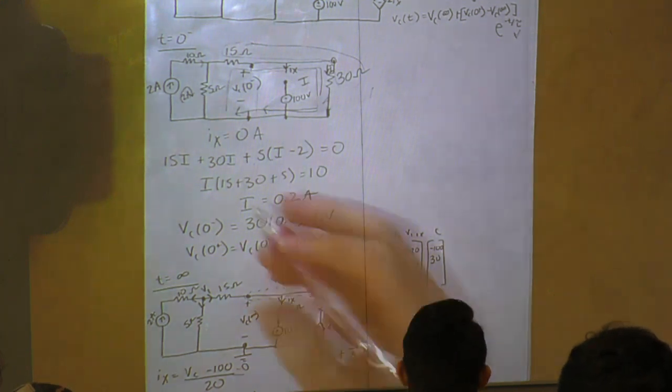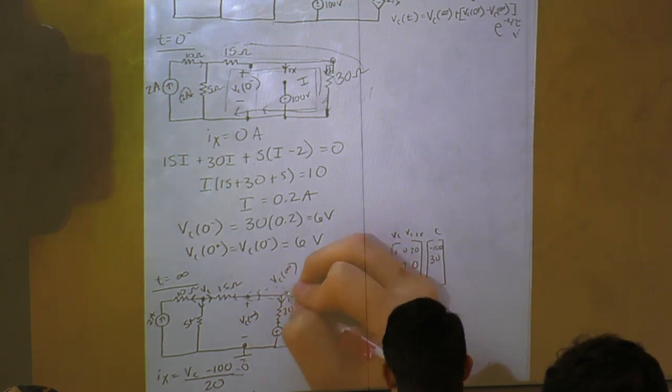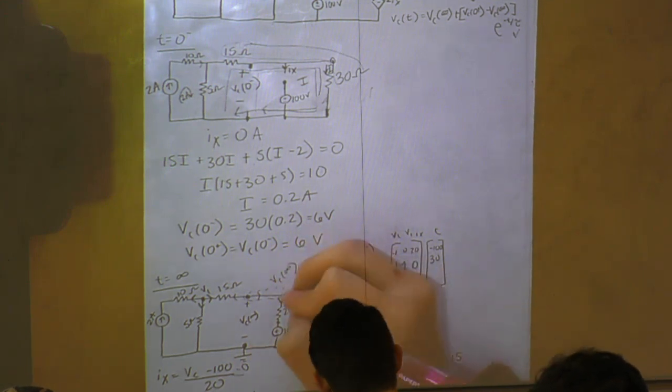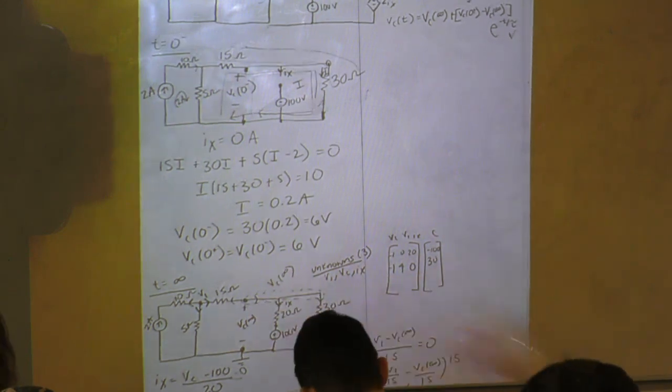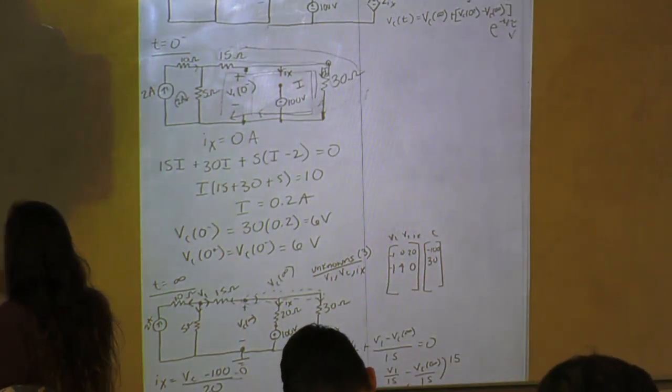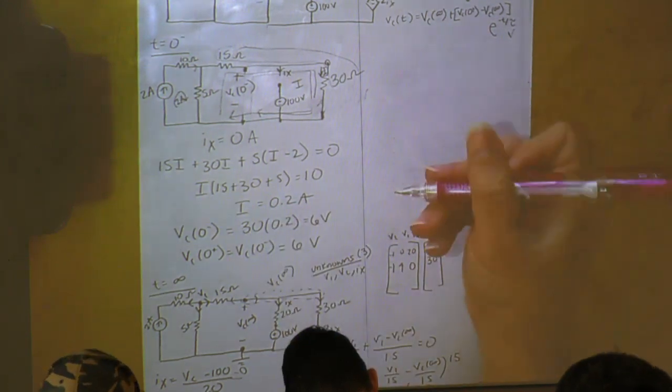We can do a KCL at this node. So we'll have 1, 2, 3 currents. The current at the open circuit is obviously going to be 0, so we'll only have 3 currents.